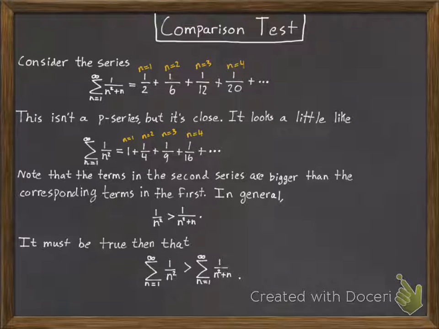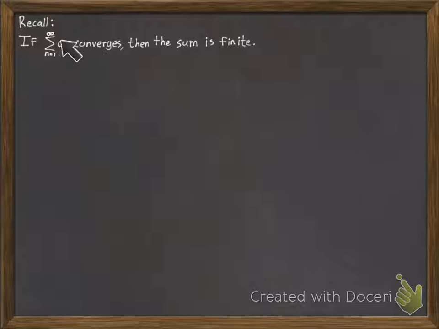This should make you scratch your head and maybe go, what's going on here? Can we use this? Turns out we can. First of all, I'd like you to recall that if a series converges, then the sum is finite. If any series, just an arbitrary series, converges, then I know that the sum is finite.